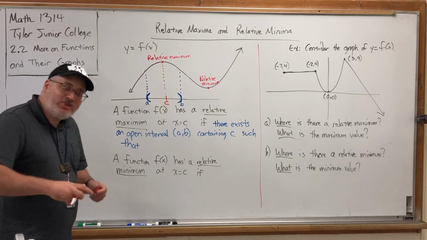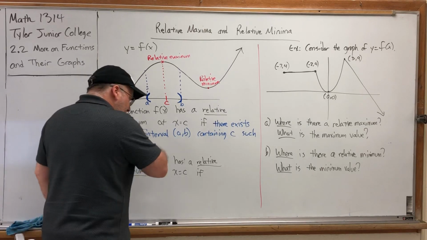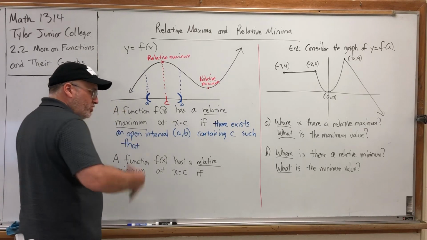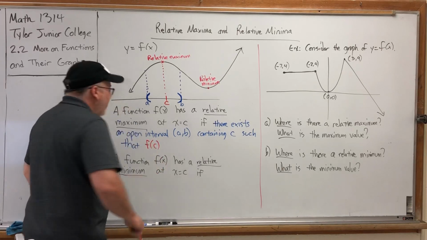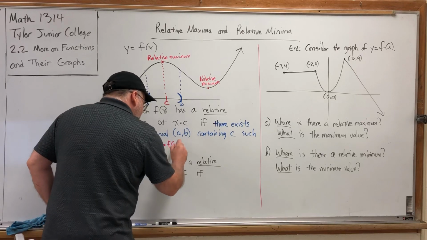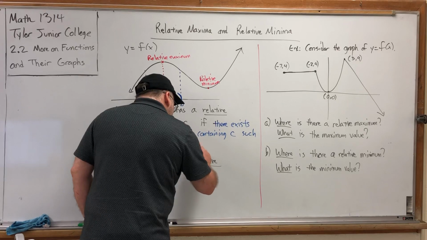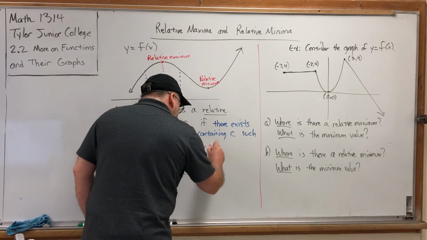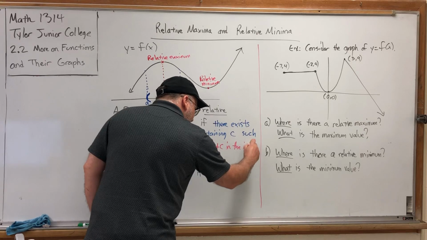That it's the highest y value on the entire interval. So to say that in terms of functions, the y value is the output. So we'll say that f of c, the output here, is greater than f of x for every x not equal to c in the interval.